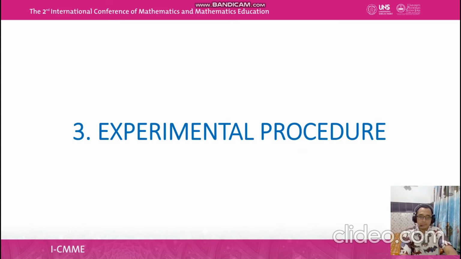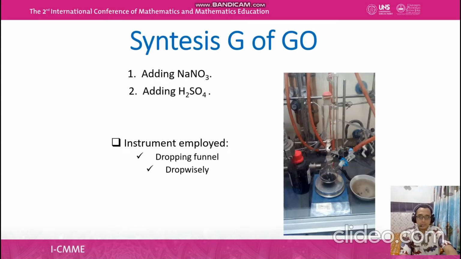Experimental procedure. Graphene oxide was synthesized by the modified Hummers method without using hydrogen peroxide in the synthesis sequence. In sulfuric acid 140 ml, sodium nitrate 2.5 gram, and graphite powder 5 gram were mixed together.